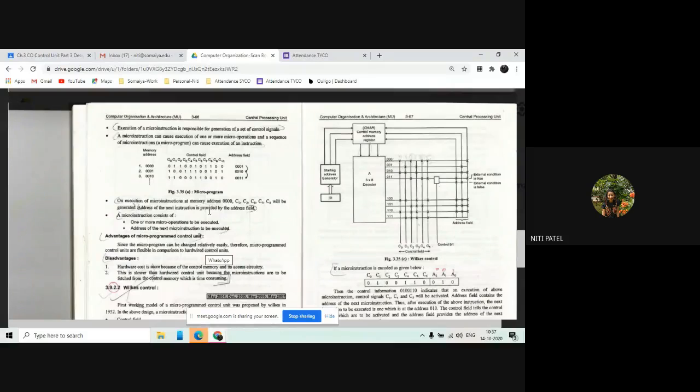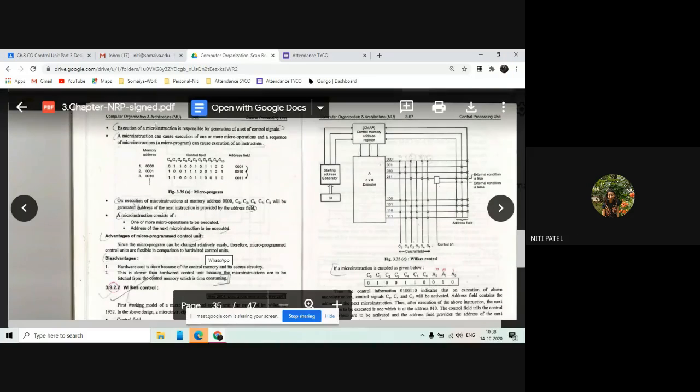When I execute that instruction, can you see the memory address on the left hand side and address field on the right hand side? Can you see that diagram 3.35a microprogram? Yes, ma'am. Okay.